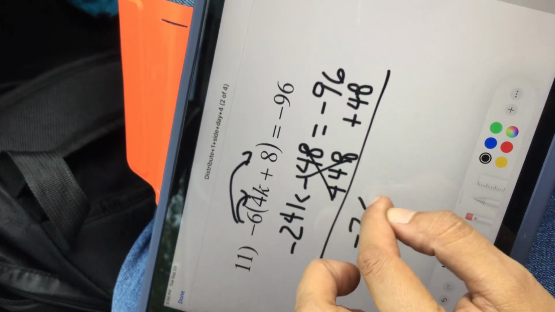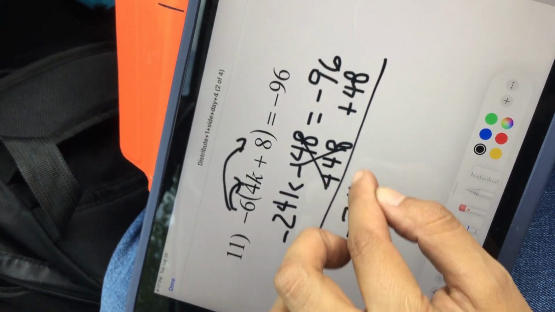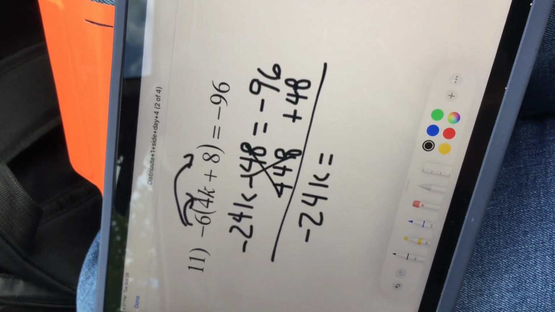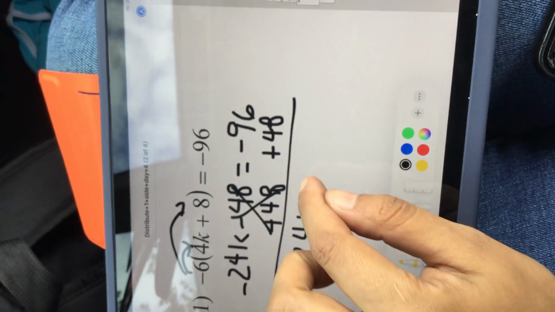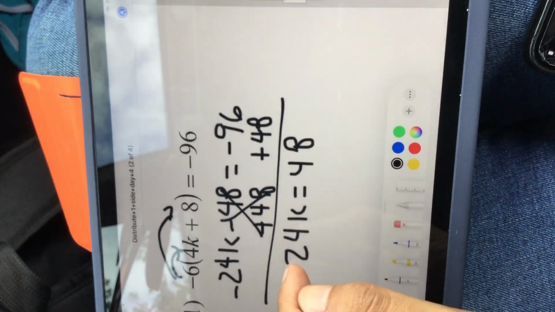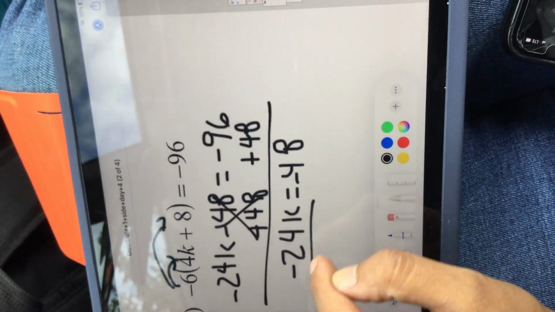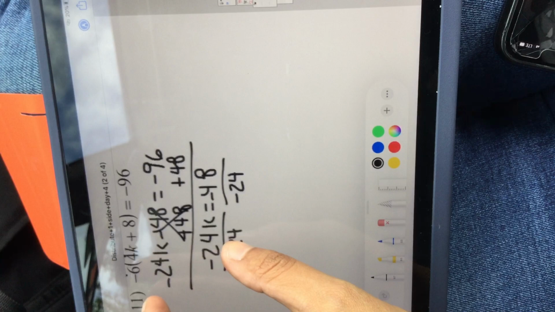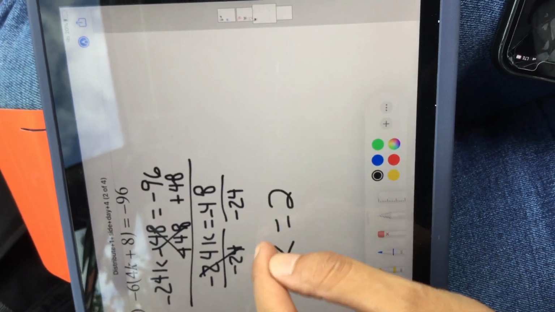So I got negative 24k equals negative 48. Then our last step is going to be to divide by negative 24. Divide by negative 24. So I got k equals 2.